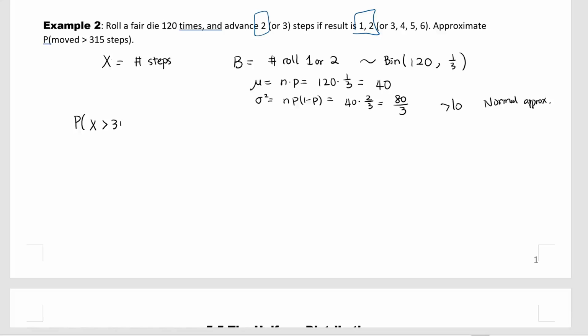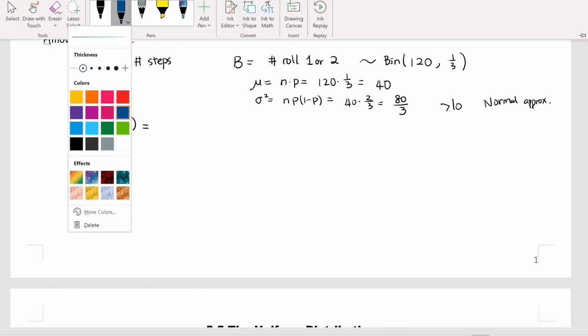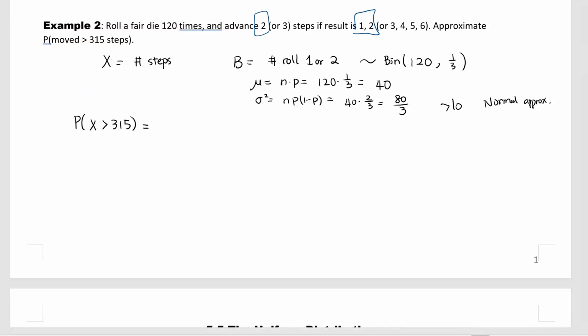We want the probability that X is greater than 315. What is the relationship between X and B? X is the number of steps, and B is the number of rolls of 1 or 2. If you roll 1 or 2, you advance 2 steps, so that's 2 times B. And you advance 3 steps when you roll 3, 4, 5, 6.